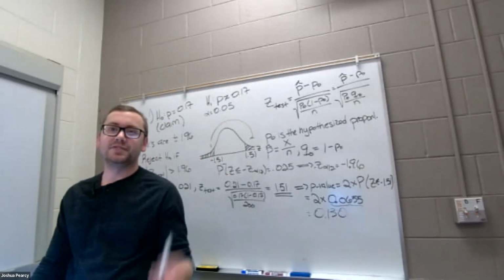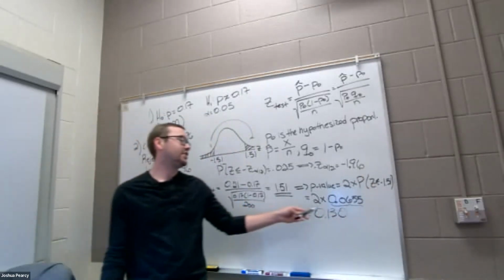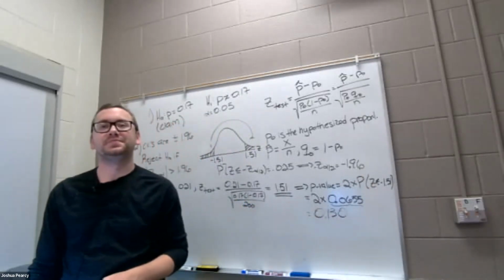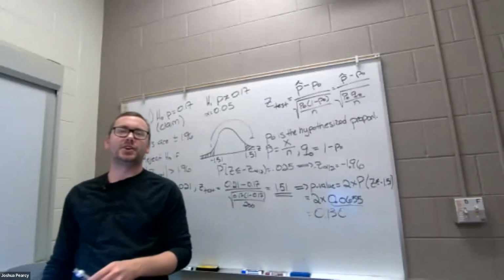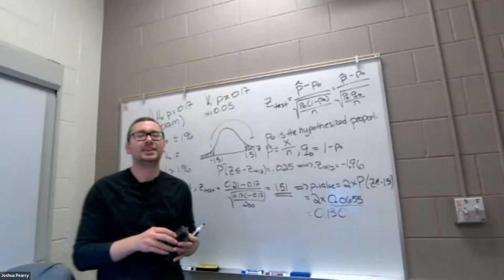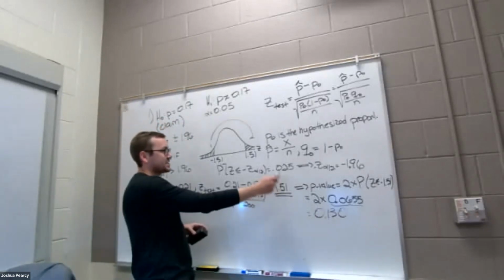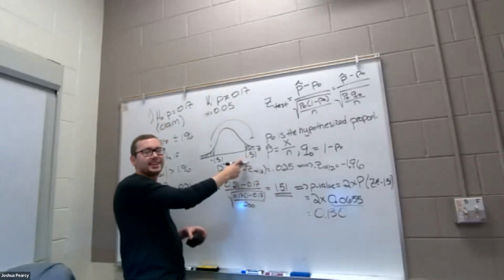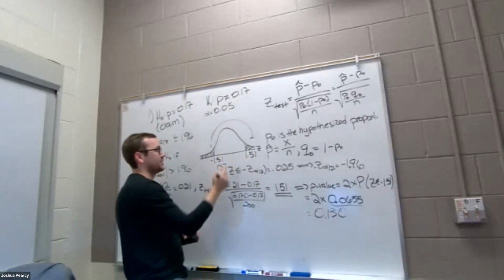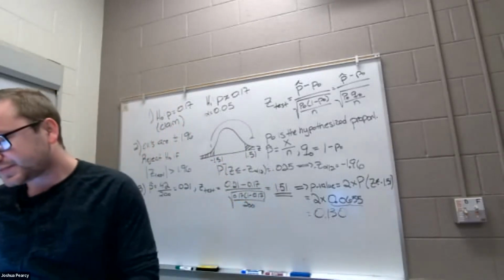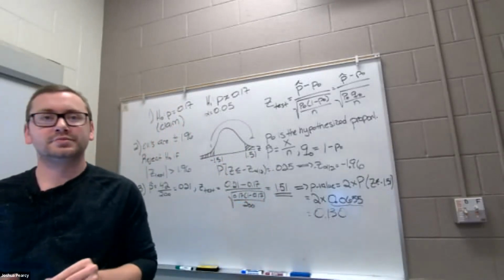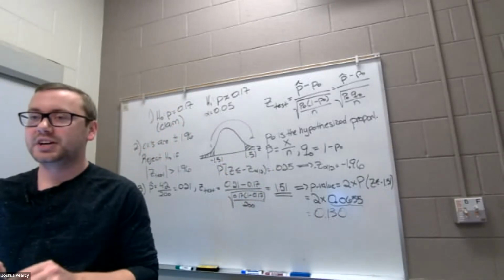Just the area to the left of that. Does that make sense why that is? Because the alternative says less than, and if I get a test statistic of this, then I'm looking at the area to the left of it, because that would be the p-value. So in that case, it would be a very large p-value. Everyone okay with that?